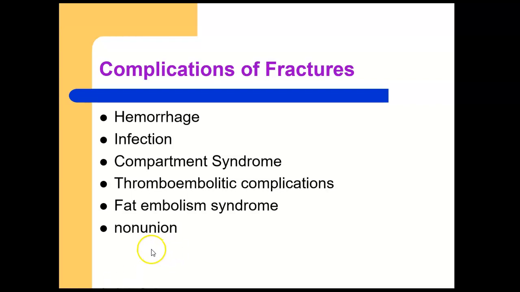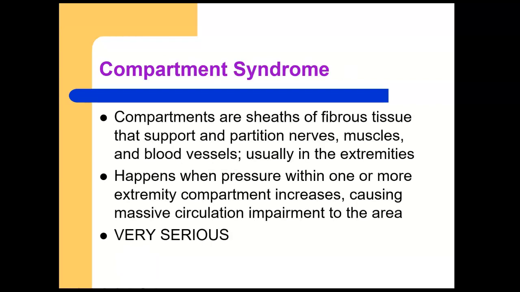Compartment syndrome is when we get severe edema and swelling, and then it causes a decrease in perfusion to the surrounding tissue. You'll see it when the pressure in that extremity compartment increases and then causes that decrease in perfusion.